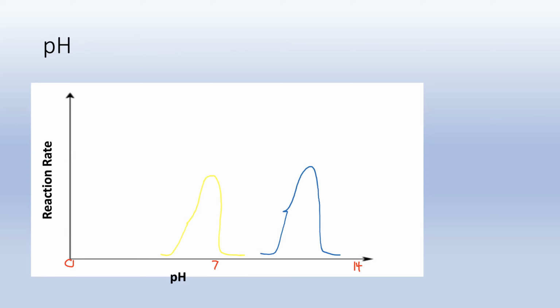We have an optimal temperature. So up here at this point, we're going to have an optimal pH. Just like here, we're going to have an optimal pH. So in humans, our enzymes' optimal pH is anywhere between 6 and 8.